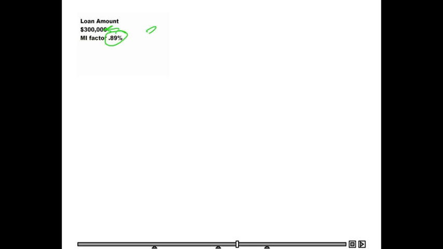All you're going to do is take your $300,000 loan amount, multiply that by your 0.89%, and on your calculator, that's going to be 0.0089. To get that, if you don't want to use the percent key, you move the decimal point 2 places to the left. And once you do that calculation of $300,000 multiplied by 0.0089, that gives you an annual number of $2670 even.